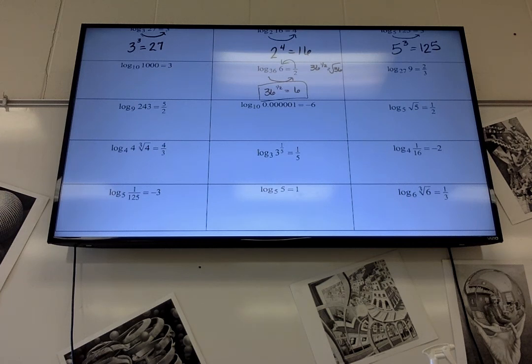You don't have to reduce anything. We're just rewriting it. There's really no work here. All of those in that box.